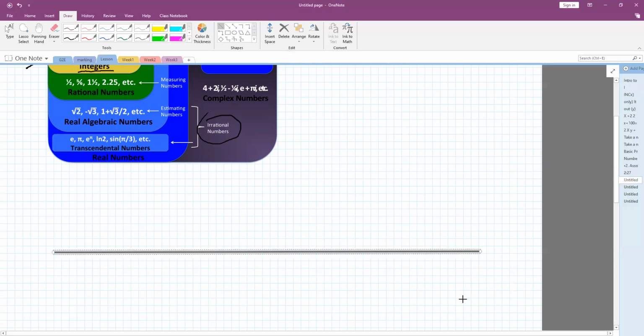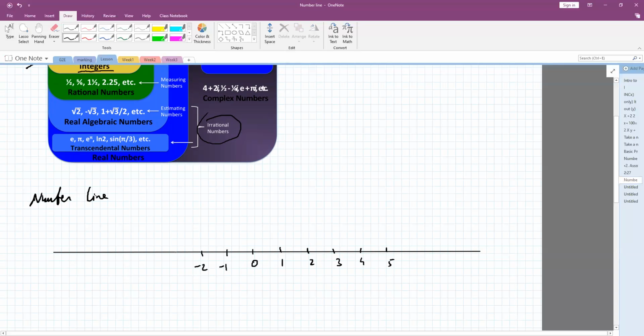So this is called a number line. With the number line, we will put the values. For example, the middle here is 0, and this is 1, 2, 3, 4, 5, and so on.